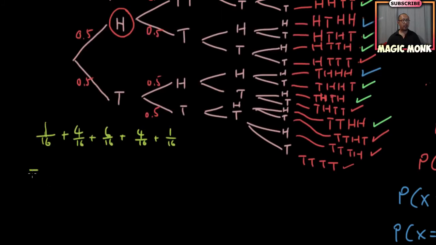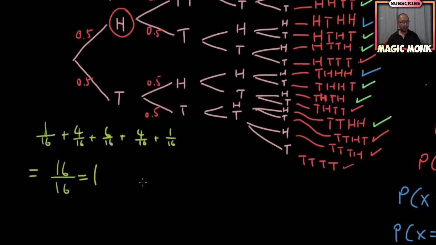And they all add up to 1. Because 1 plus 4 is 5, plus 6 is 11, plus 4 is 15, plus 1 is 16. So 16 out of 16. So that is equal to 1.